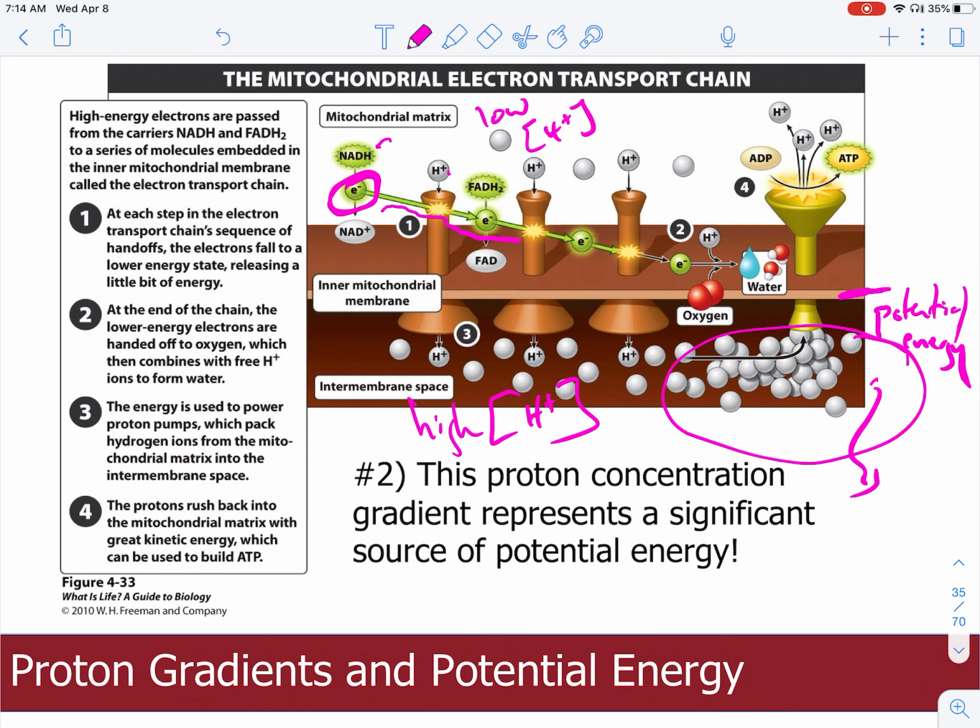We actually call that a membrane potential. The only way that those protons can get back into the matrix where they want to go is via the enzyme ATP synthase, and there it uses the energy of the downward flow of those protons to make ATP from ADP and inorganic phosphate.